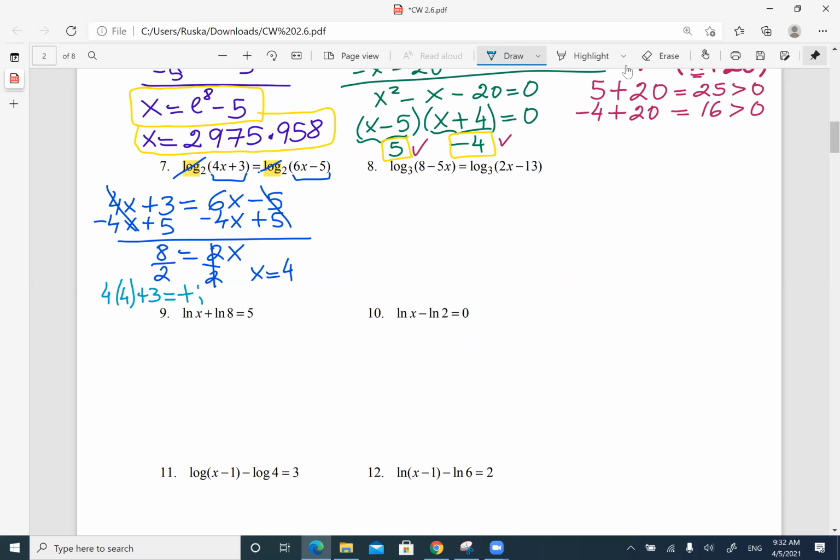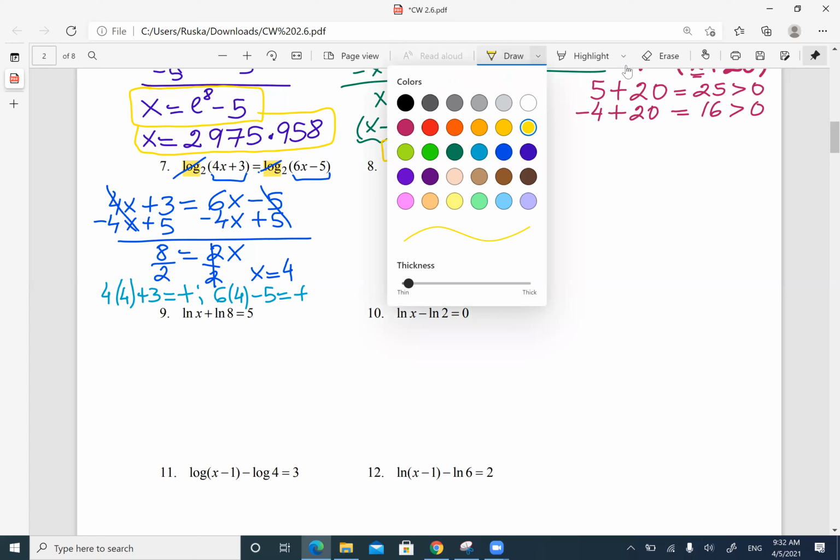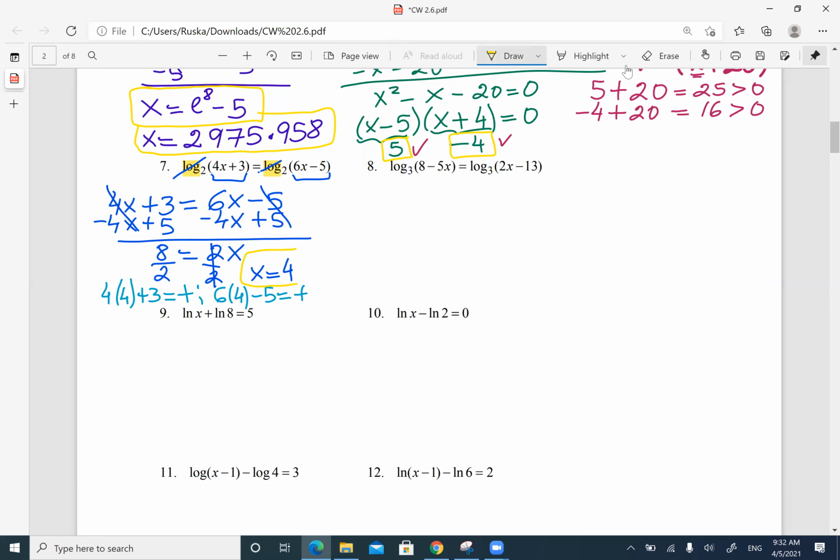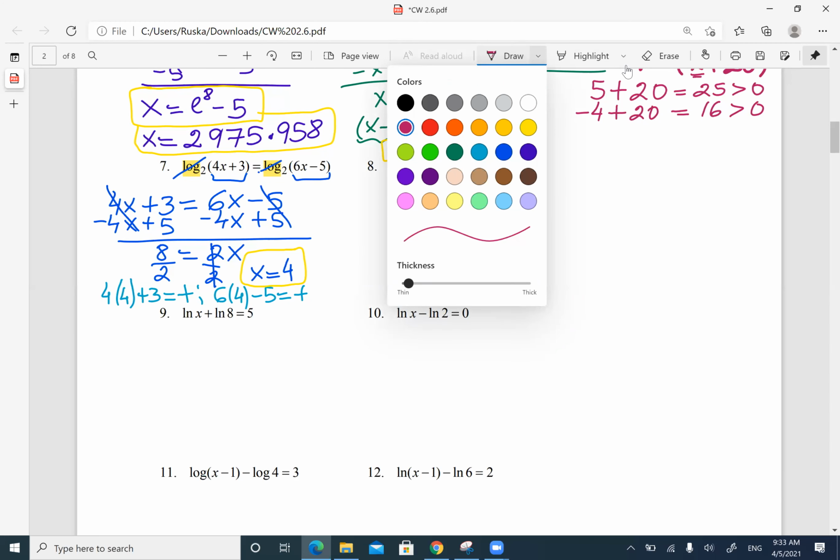And the other one the same way. 6 times 4 minus 5 is also a positive number, right? 24 minus 5 is positive. Okay, that's all you need. You need to double check that the numbers you get are positive. So that means 4 is a solution for my equation. Everybody understand that? So always check.